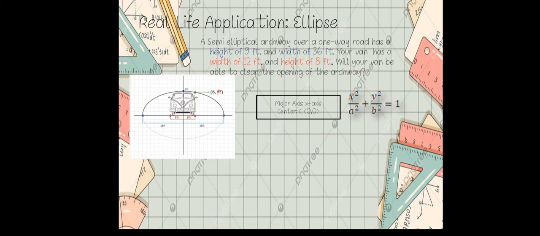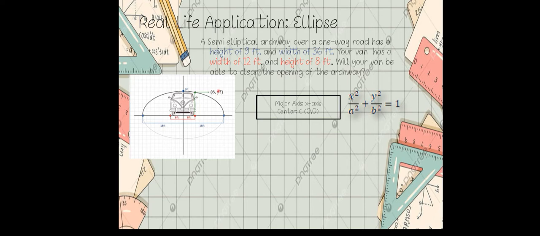Now, let's figure out our equation. From what we can see in our graph, it is clear that our major axis is the x-axis, and our center is at the very middle, which is simply the origin or (0, 0).